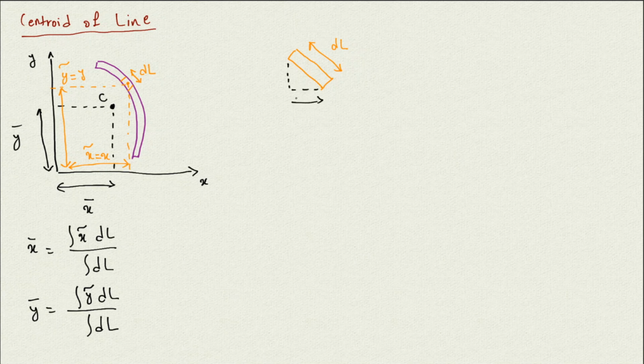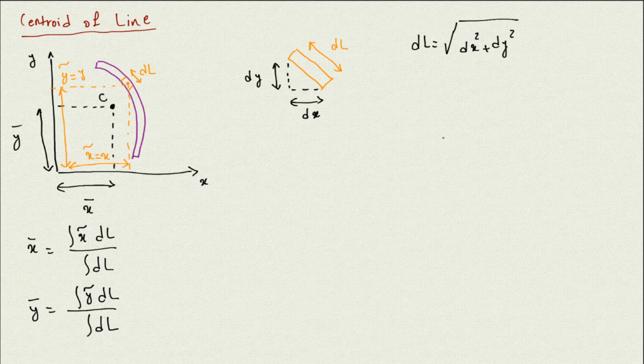This is dx, and this is going to be dy. And I can write that the dl is the square root of dx squared plus dy squared. So that's how I can write that.